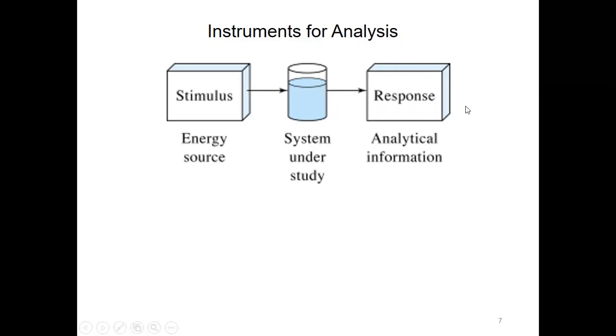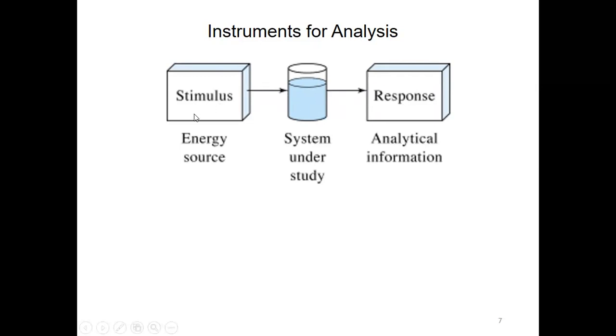The response is the analytical information that we are interested in. Based on the system, we can determine, let's say, the concentration or whatever things in the system that we are interested in.